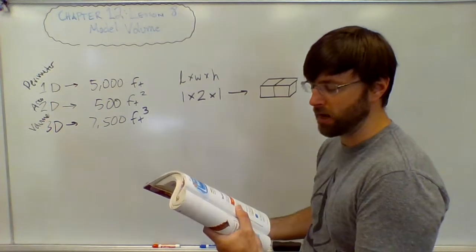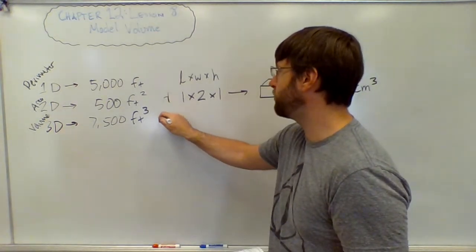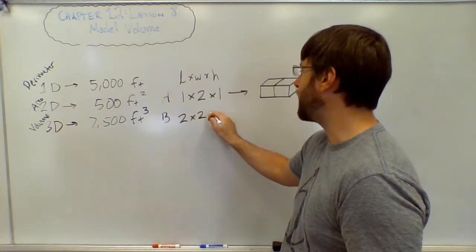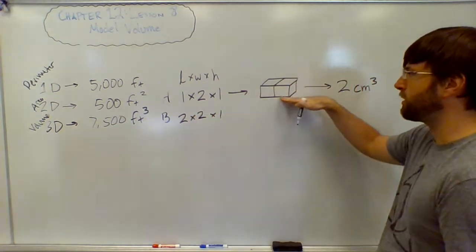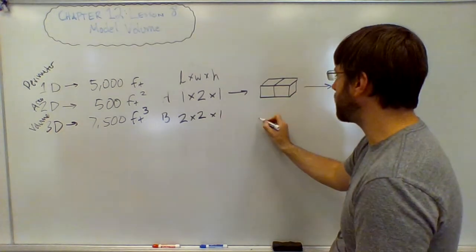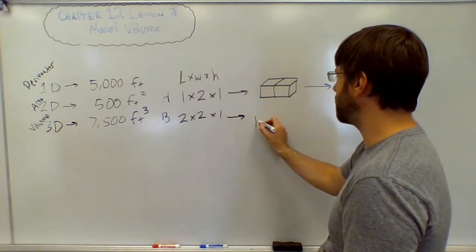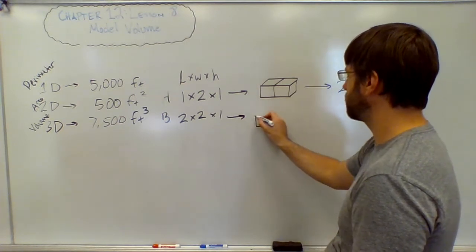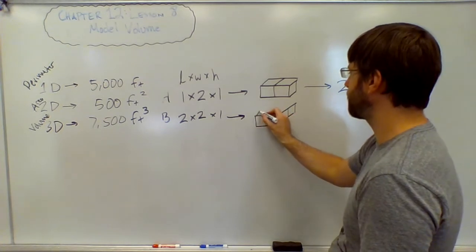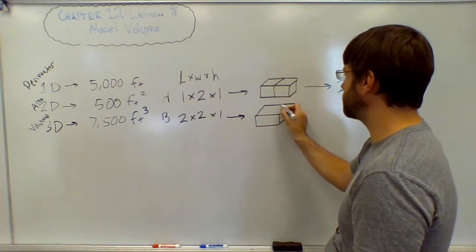The next figure that they have, figure B, is a 2 by 2 by 1. So it's just like before, except that it's 2 layers deep. So it would be a little bit something like this. Ooh, that was less good.